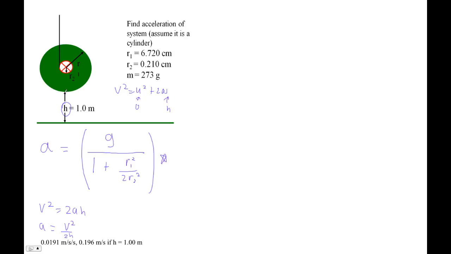So this yo-yo has potential energy, so it's just mgh. Then right before it hits the ground, it has linear kinetic energy and rotational kinetic energy. I'll do the standard substitutions.